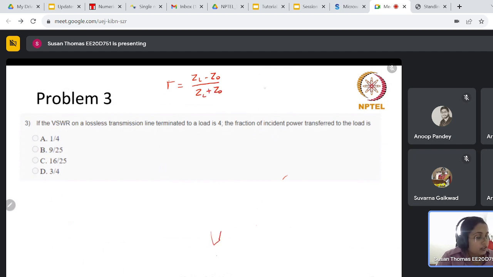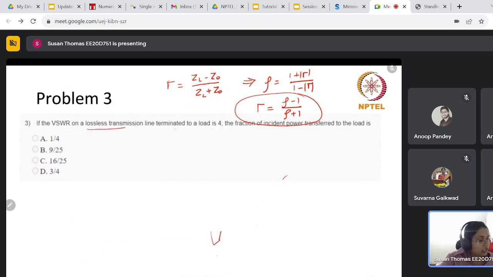From that, we also came to the expression for VSWR, which is 1 plus mod gamma by 1 minus mod gamma. If you rewrite, gamma, the reflection coefficient, is rho minus 1 by rho plus 1. Based on this question, the VSWR on a lossless transmission line terminated to a load is 4. So rho is 4.